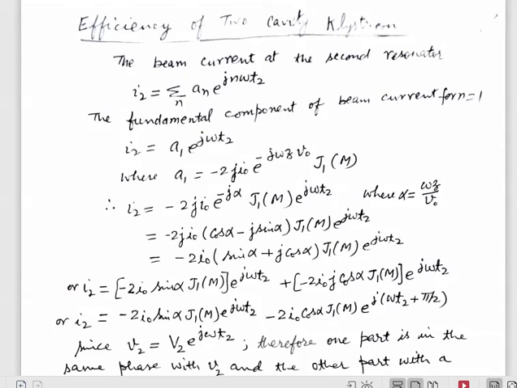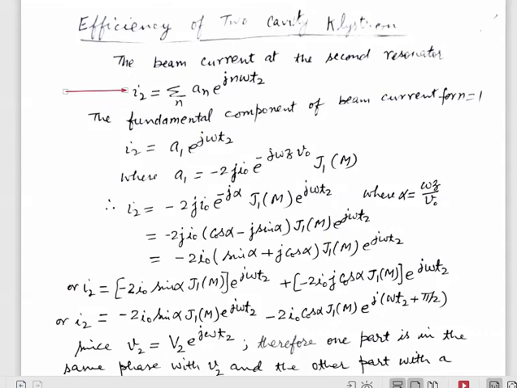So as we have already calculated the beam current expression, which is given by I2 equal to sigma n, an e raised to the power j n omega t2. The fundamental component of the beam current for n equal to 1 is given by I2 equal to a1 e raised to the power j omega t2, by substituting n equal to 1 in the previous expression.